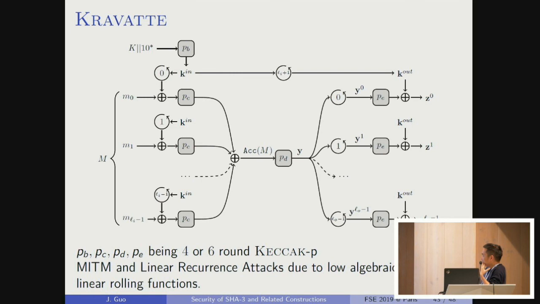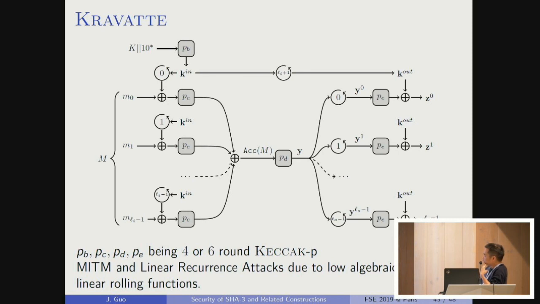So if you choose 2 different message blocks here, after the PC, it will form an affine subspace of dimension 1. No matter what 2 different message blocks you choose, you will form an affine subspace of dimension 1. That's automatic. So if we do this for all the layers, it will form a very big affine subspace here.